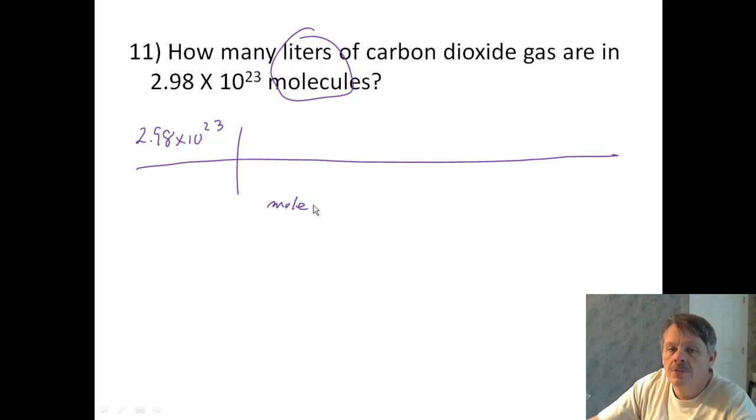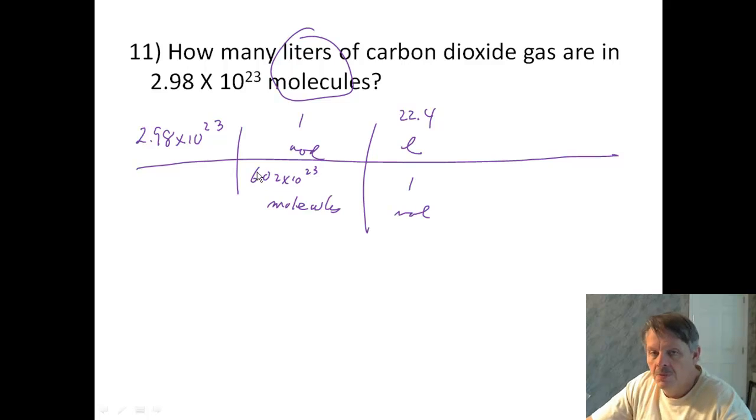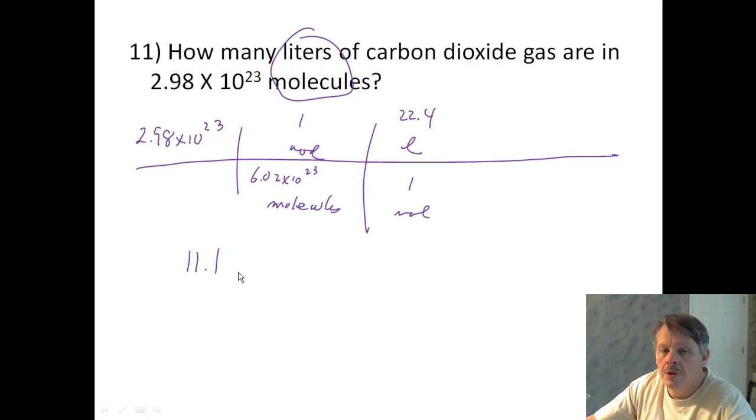I have to convert from molecules to moles, and then from moles to liters. I know that there are 22.4 liters in 1 mole, and 1 mole is 6.02 times 10 to the 23rd molecules. When I actually multiply this out, I get 11.1 liters. And this is of CO2 gas.